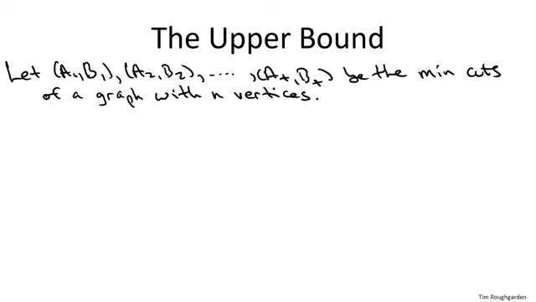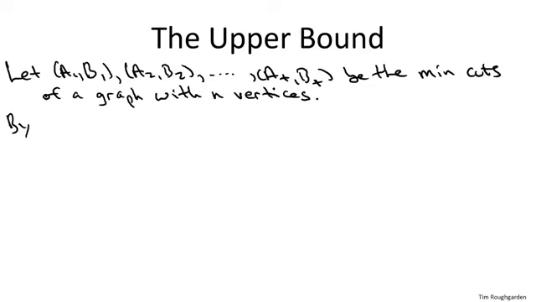Well, let's apply it here. For each of these t minimum cuts of this graph, we could think about the probability that the contraction algorithm outputs that particular min cut. So we can instantiate the analysis with a particular minimum cut, (A_i, B_i).